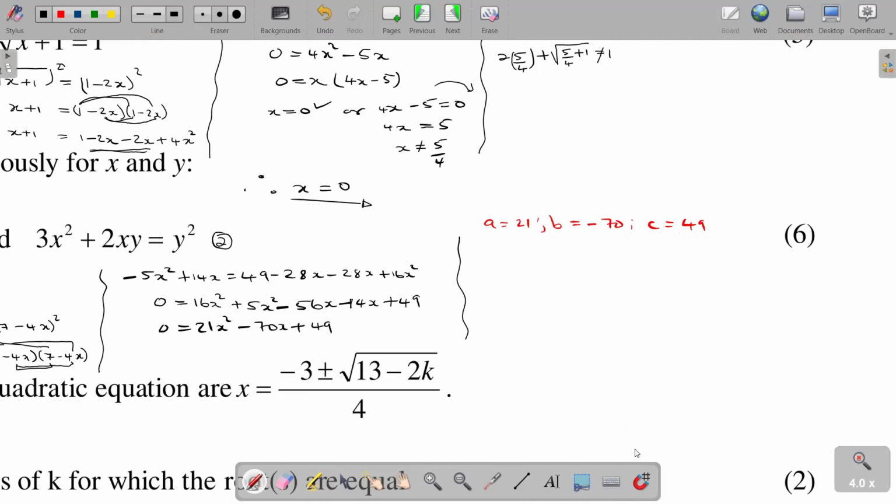So from there, using the quadratic formula, our x will be equal to minus B, which is minus negative 70, plus or minus the square root of B squared, which is negative 70 squared, minus 4 times A, our A is 21, our C is 49, all over 2A. Our A is 21.